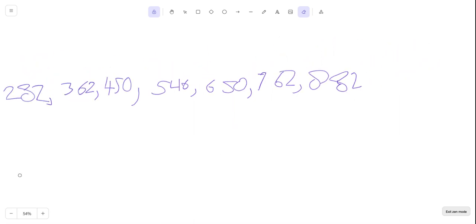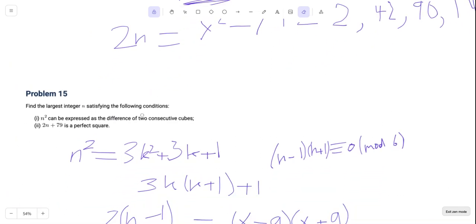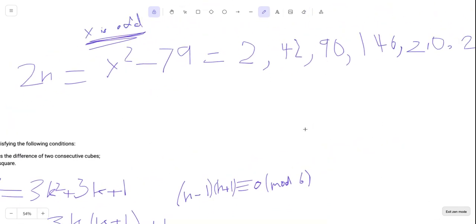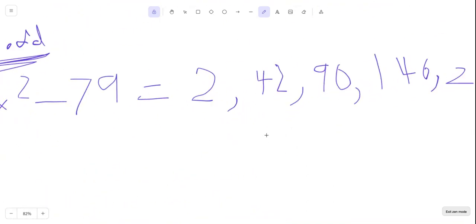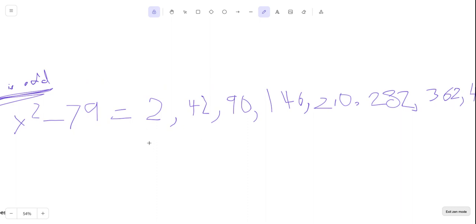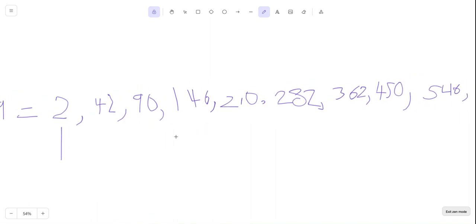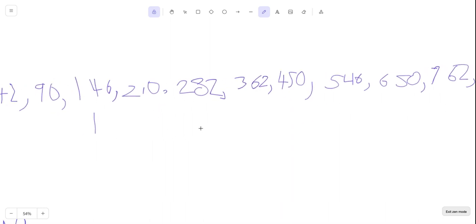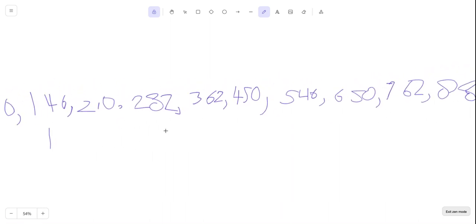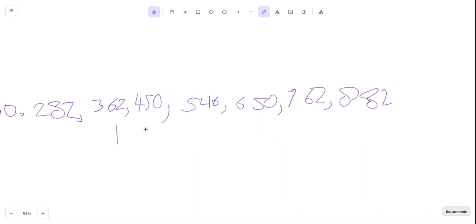Okay, so now let's see. Plug into the first condition. Which of these, if we divide it by 2, which of these is 1 mod 6? This one is 72. This one is 224.